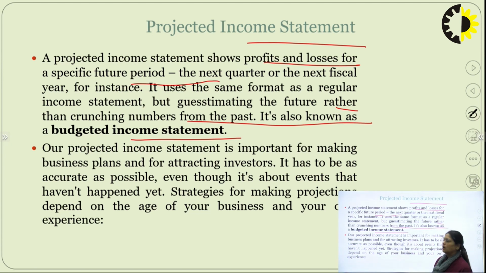The income statement is very important for making plans to attract investors, so they can invest more money into the company and the income of the company may increase. So, it has to be as accurate as possible, even though it is about events that have not happened yet.